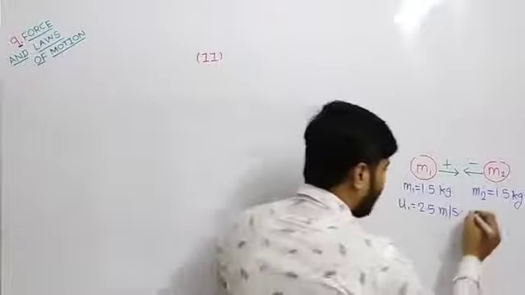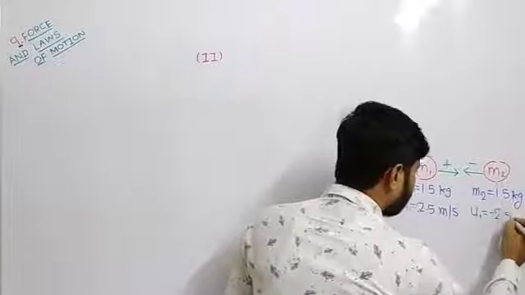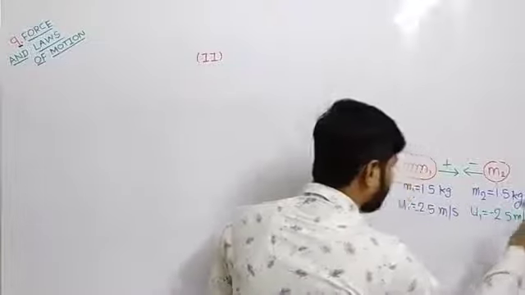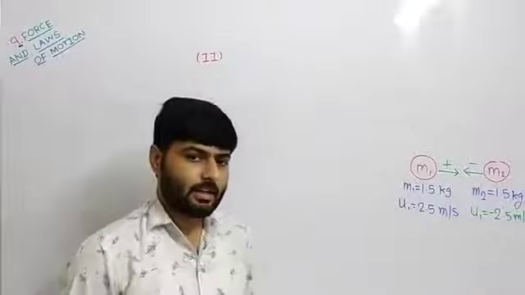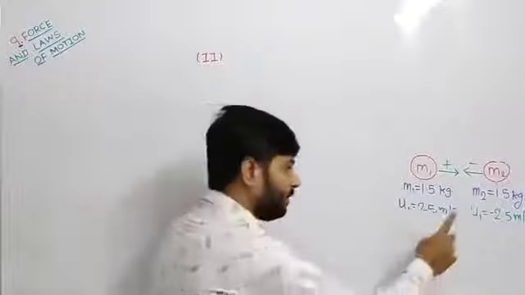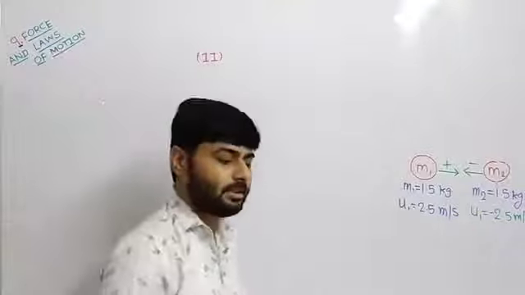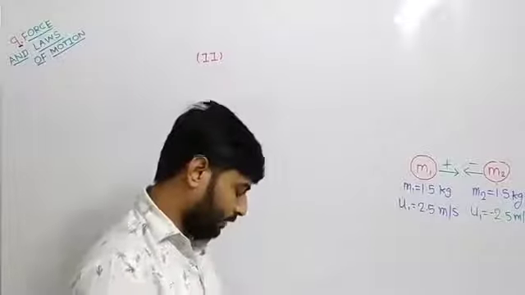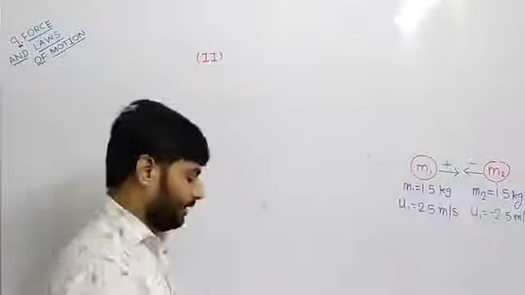So here I have U2 as minus 2.5 meter per second. We have to find the combined velocity after collision.